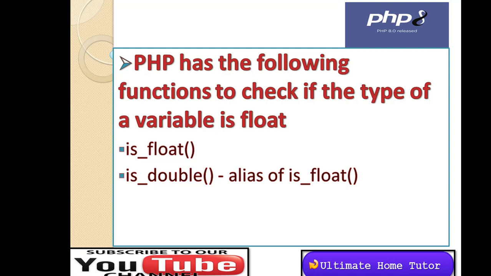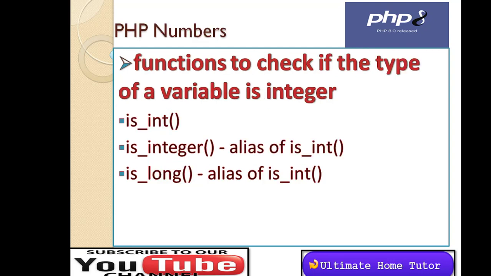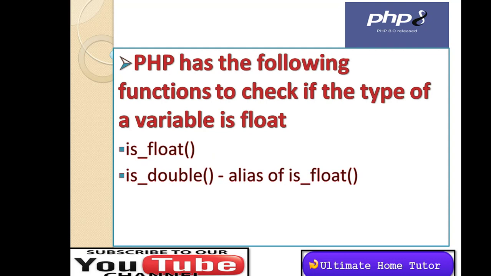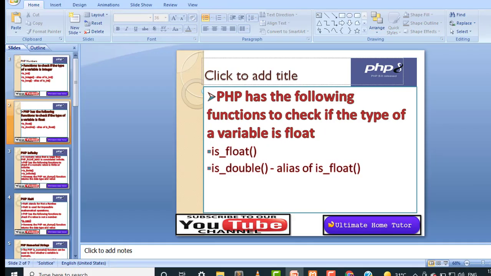For checking whether a number is floating point or not, we use is_float, or is_double. For integer it is is_integer or is_long, and for float it is is_double. So we'll check it out.